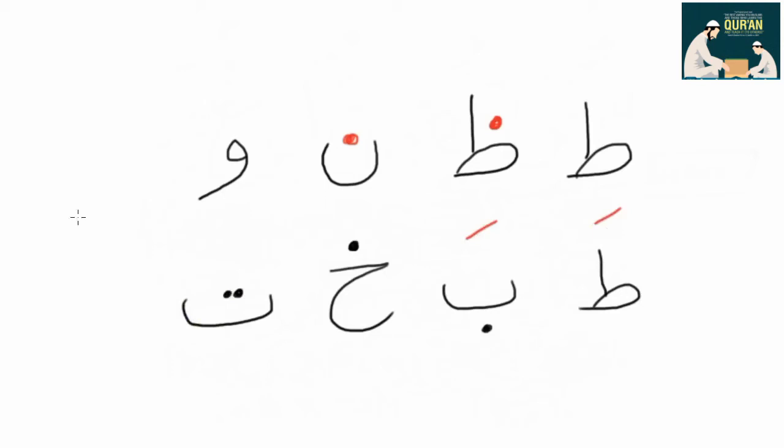Put some fathas there. And let's put a sukoon there. So tu, ta, ba, kha, and tu. Ta, ba, kha, and tu.